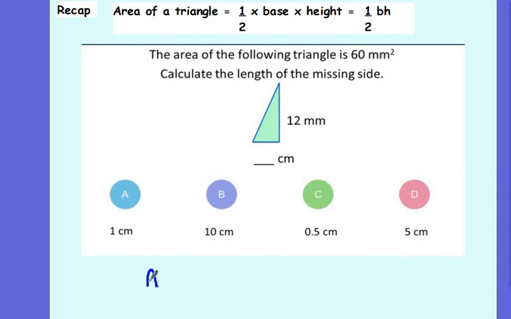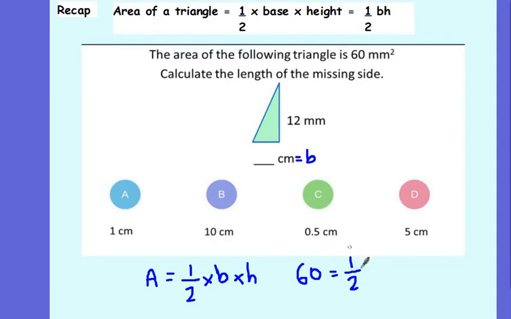So the area of the triangle is given by half times base times height. This time we're trying to work out what the base is, but we know what the area is. The area is 60. So 60 is equal to half.